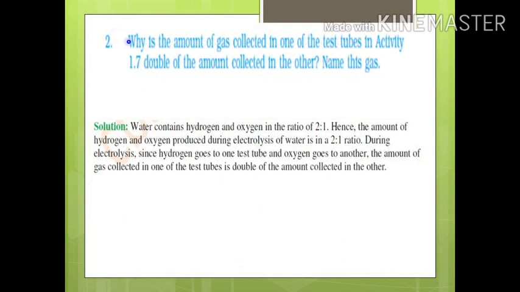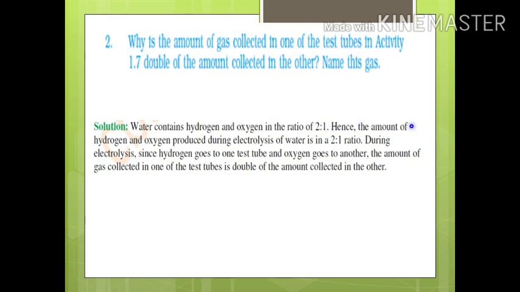The second question: why is the amount of gas collected in one of the test tubes in Activity 1.7 double the amount collected in the other? Name this gas. It was water. Water contains hydrogen and oxygen in the ratio 2:1. That activity includes the electrolysis of water, the electrolytic decomposition of water.